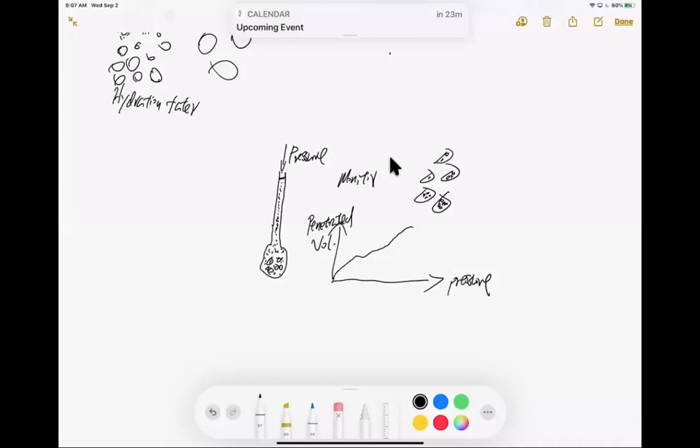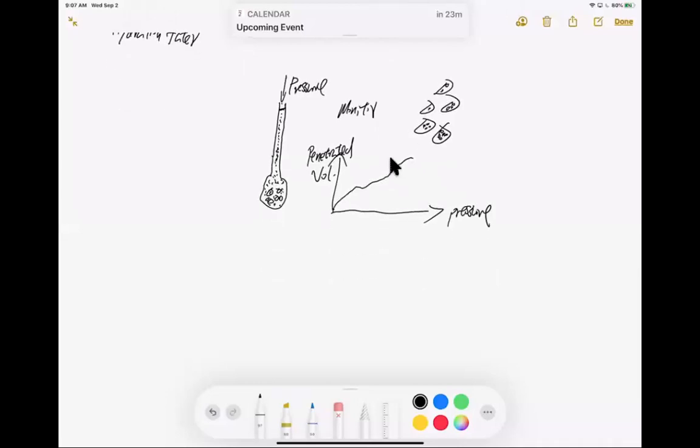Okay, and the volume of the mercury, as you can imagine, is equal to the volume of the pores. Okay, so the volume can be easily translated into the pore volume, the volume of the pores. And the pressure has strong correlation with the size of the pore.